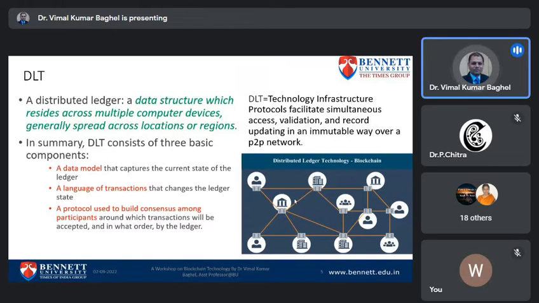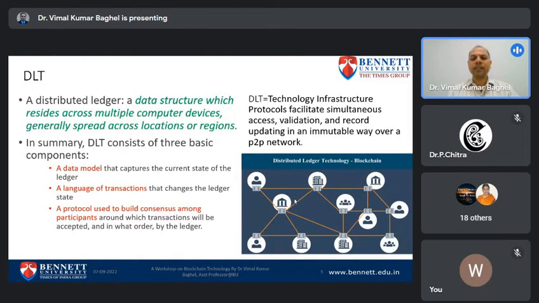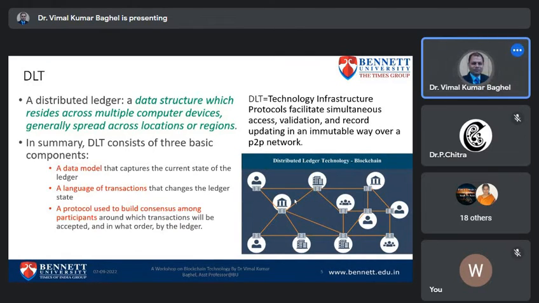So what is this DLT? As you see here, in a distributed ledger technology all the stakeholders are connected over a peer-to-peer network. Like in a distributed ledger, a ledger consists of records.